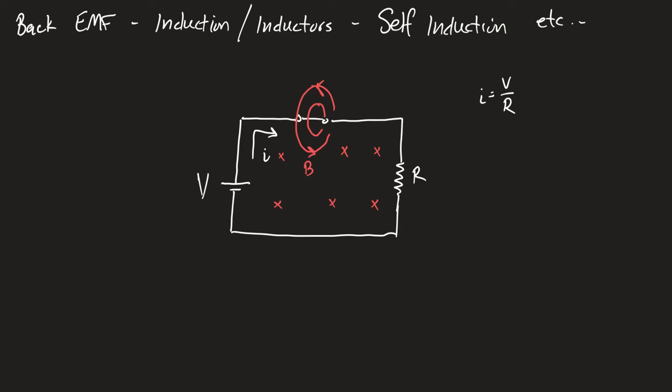Correct? That change in flux, by definition, must create an EMF, an EMF that wants to produce a current to oppose the change in flux.